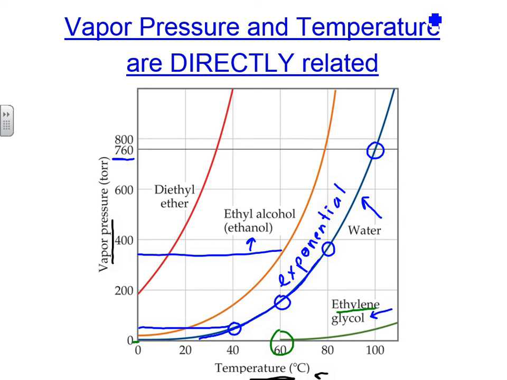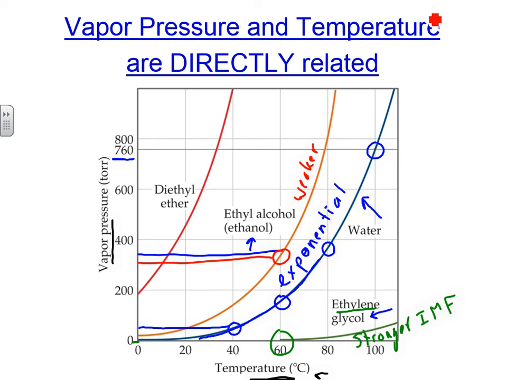The vapor pressure of ethyl alcohol at that same temperature is a little above 300, which means ethyl alcohol has weaker intermolecular forces. So this is weaker, and ethylene glycol has stronger intermolecular forces. That's the idea here. The weakest of all, of course, is the dimethyl ether.